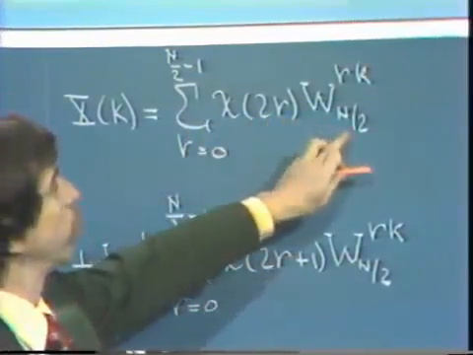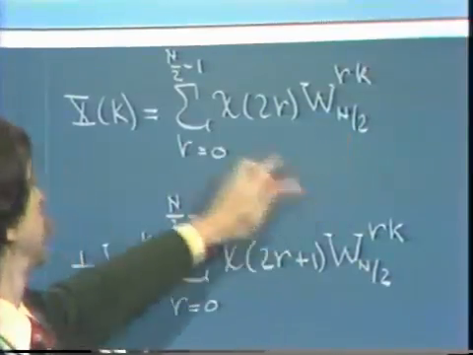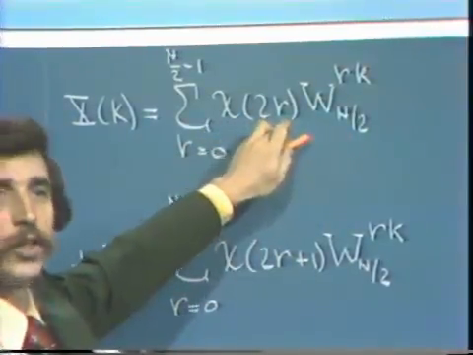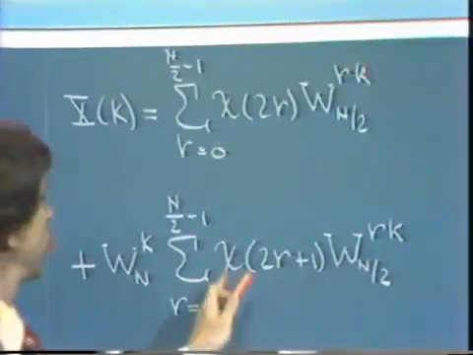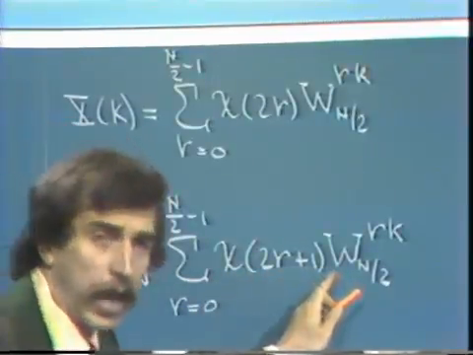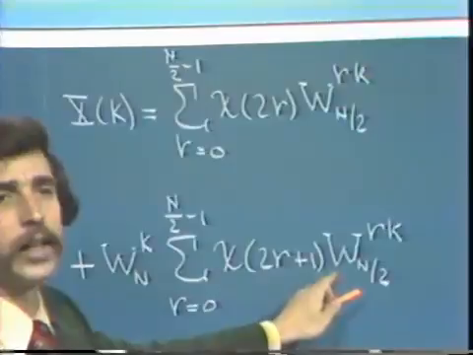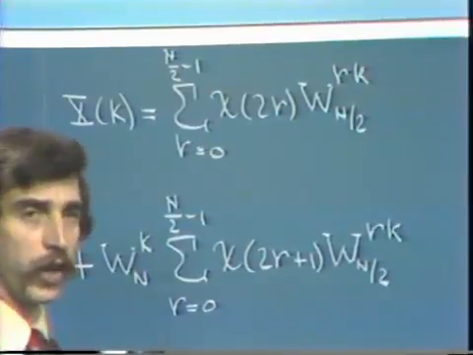This is an n over 2 point DFT of the even-numbered points in the sequence x of n. This is an n over 2 point DFT of the odd-numbered points in the sequence x of n.